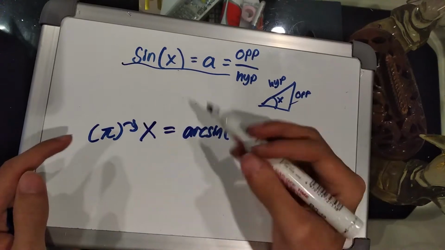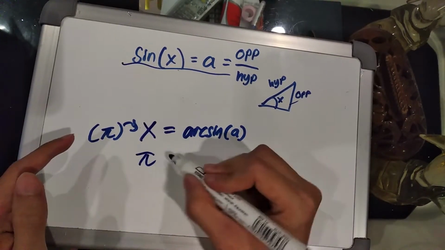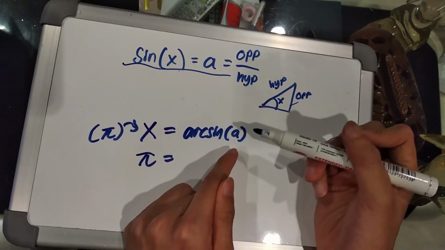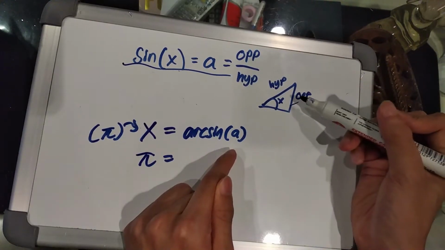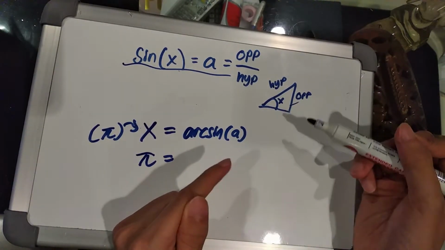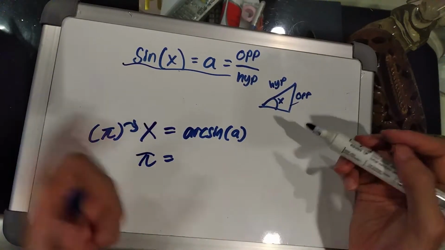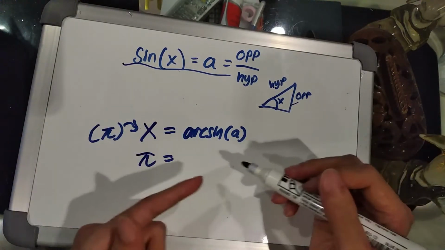Okay, why don't we make things simple? Let's say that the x value is pi. So if this is pi, what this implies for a is that it should be the opposite divided by the hypotenuse of a triangle with pi radians. A triangle which is made up of pi radians.